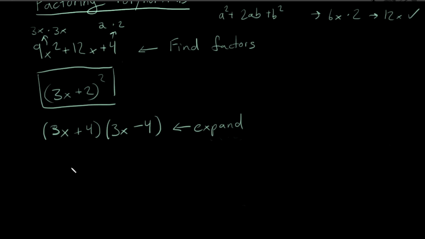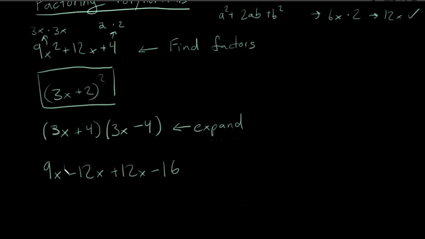Now let's expand this. We're just going to expand it normally, but we'll find something out really quickly. So 3x times 3x, we'll say that's 9x squared. Now 3x times negative 4, we can say that's minus 12x. Now over here, 3x times positive 4 is plus 12x, and 4 times negative 4 is minus 16.